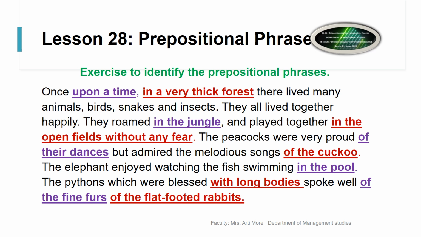Very easy. Upon a time, in a very thick forest, in the jungle, in the open fields, without any fear, of the dances, of the cuckoo, in the pool, with long bodies, of the fine furs, of the flat-footed rabbits.